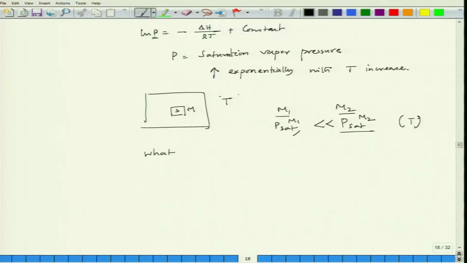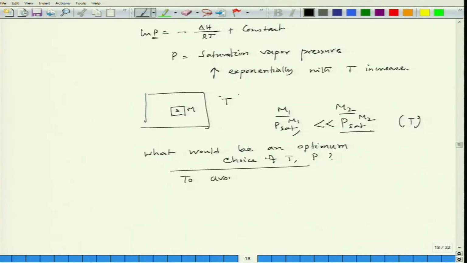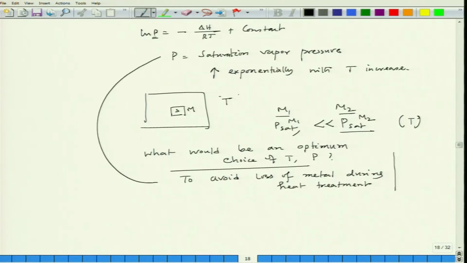So, this particular part, that means what would be an optimum choice of temperature and pressure to avoid loss of metal during heat treatment, this would be guided by this pressure.